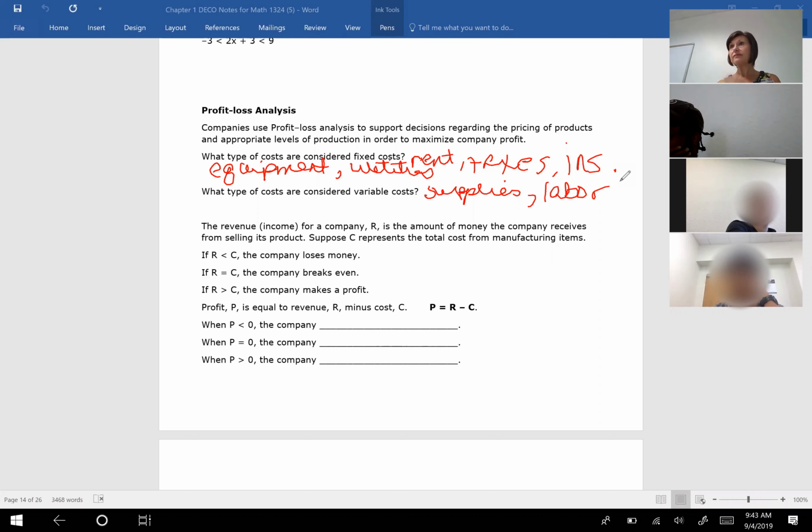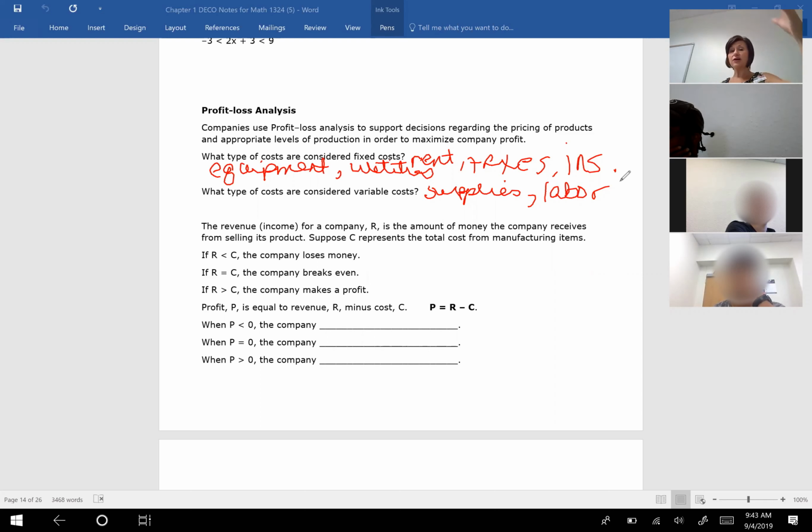Now, here's what you look at when you start trying to make those comparisons to figure out, is my business healthy? Is it doing well or is it not? So you need to know your revenue. What does revenue mean? Income, the amount of money that you are collecting for whatever service you're providing in your business. Your revenue doesn't take out anything for expenses.